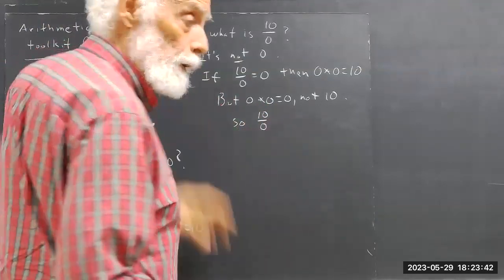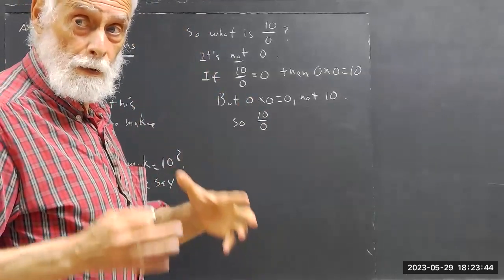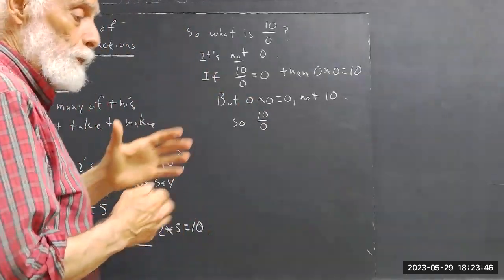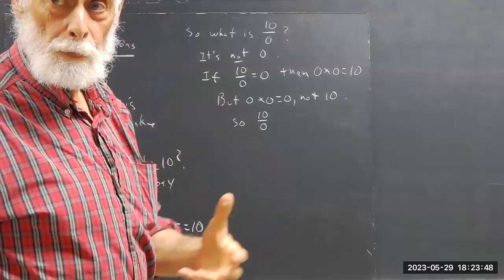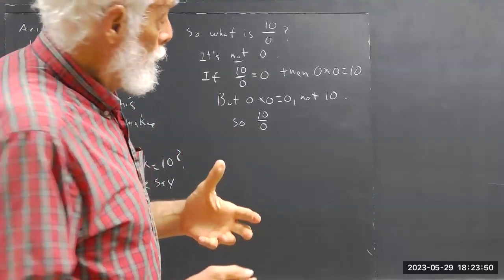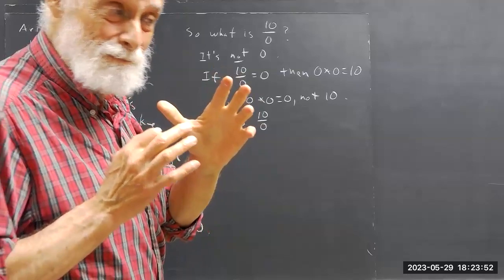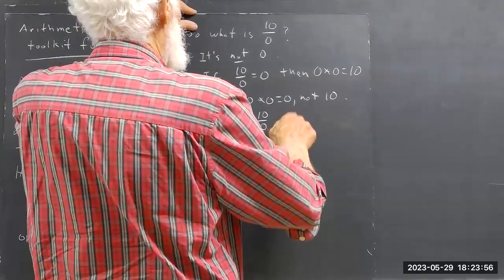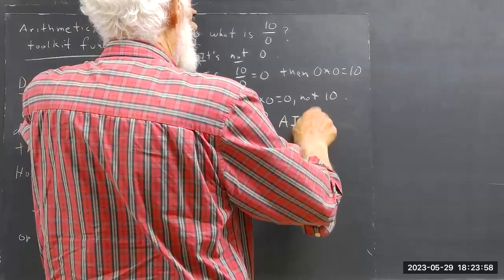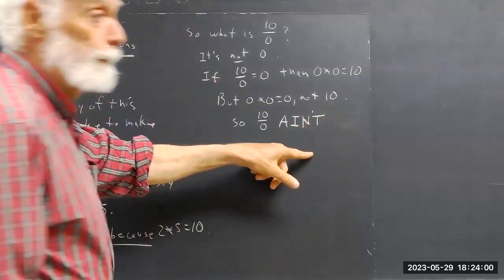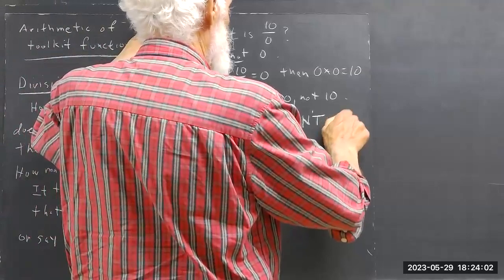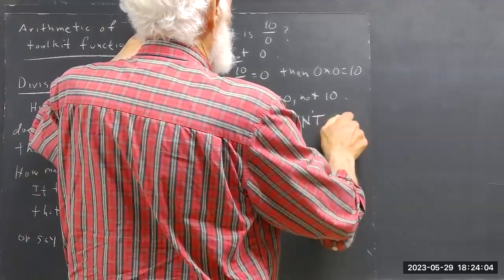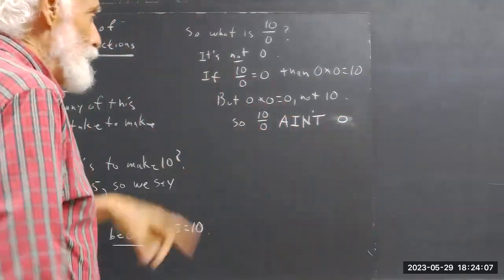So 10 over 0, and I want to use an emphatic word here, a word reserved by the world's greatest mathematicians for really strong emphasis: 10 over 0 ain't 0, and it's not 10 either.